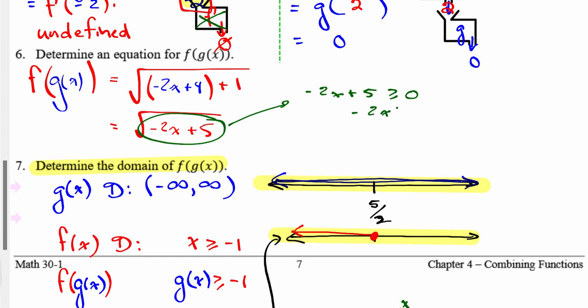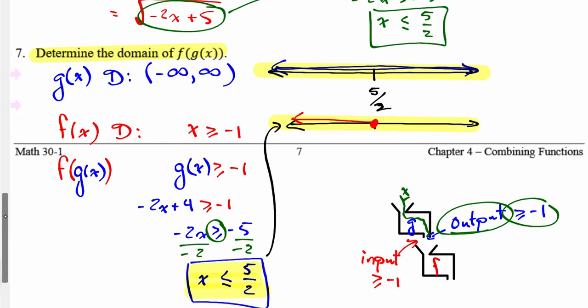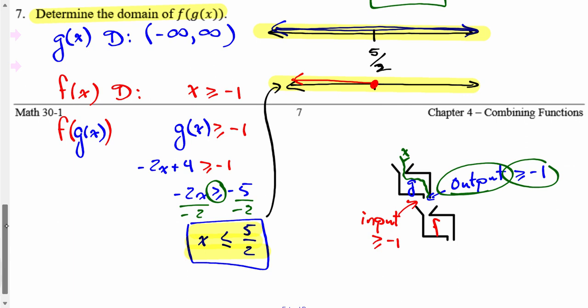Rearranging, negative 2x is greater than or equal to negative 5, and just like we found below, x is less than or equal to 5 halves. So this is a situation where the equation for the composition of functions would have told us the domain for the composition of functions. But that's not always the case. So don't depend on it. Better to do what we did in number 7 to figure out the domain.